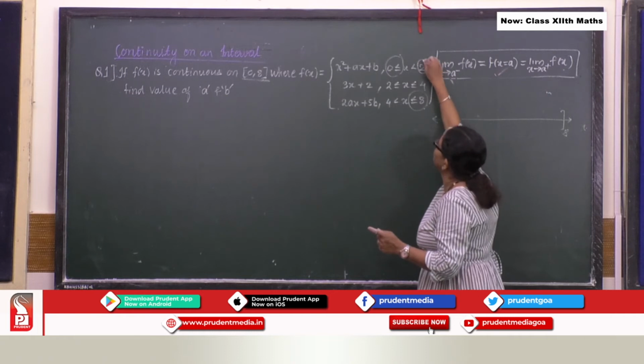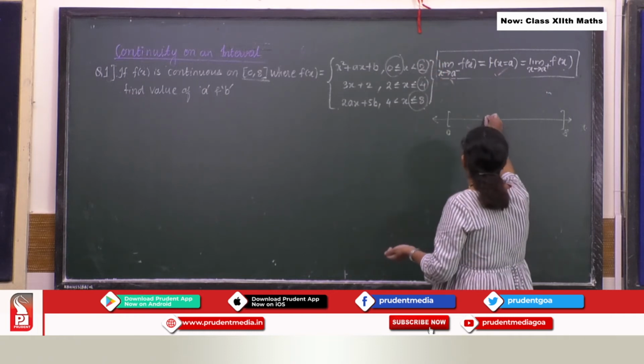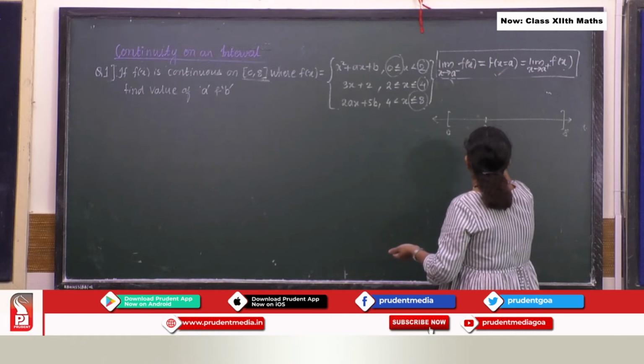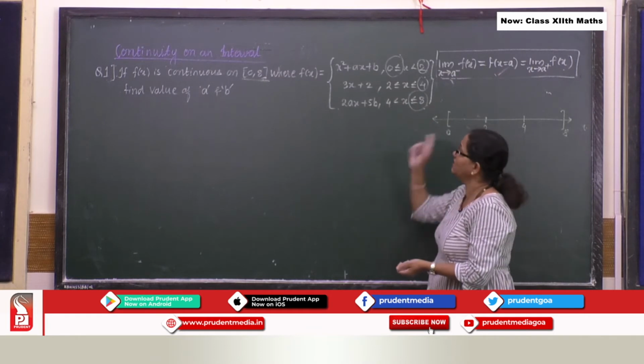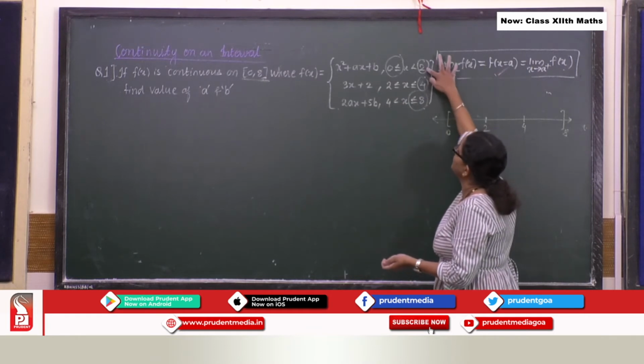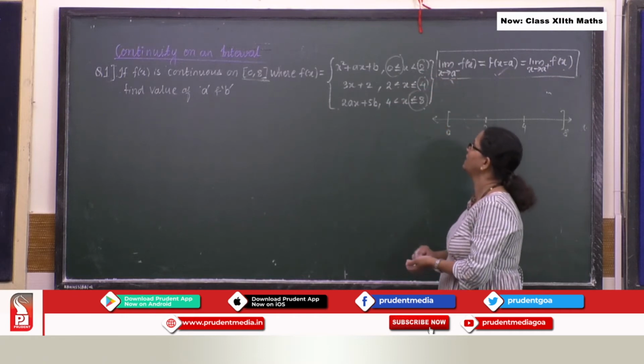You can see this 2 and you can see this 4. So 2 critical points we have here, that is 2 and this is 4. See why I am saying these are 2 critical points? You can see there is a break here as well as a break here.